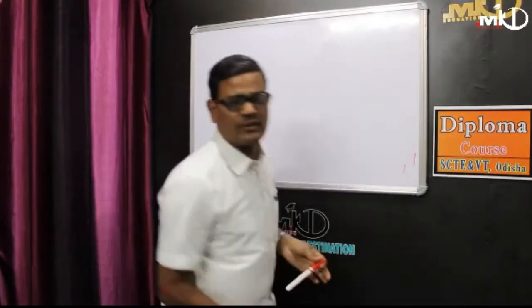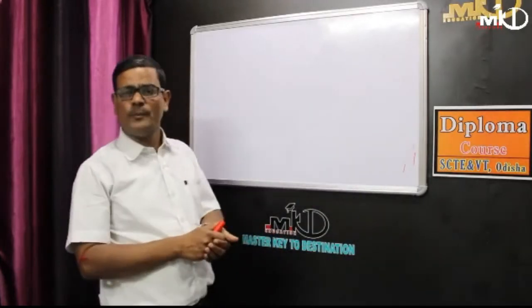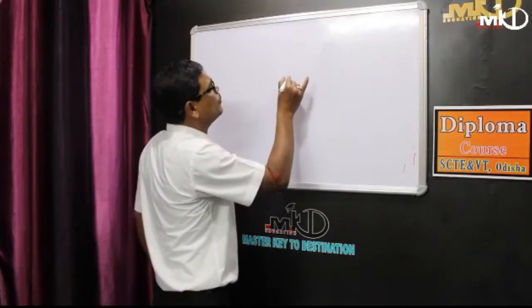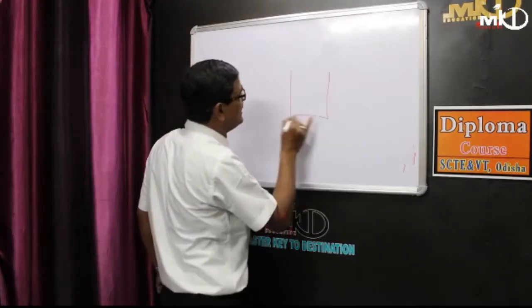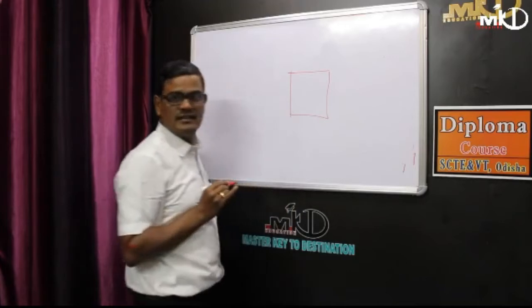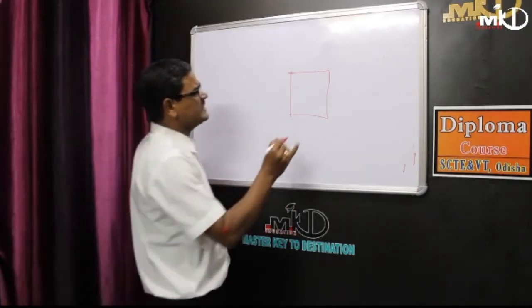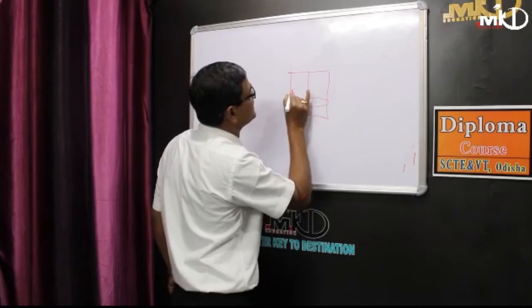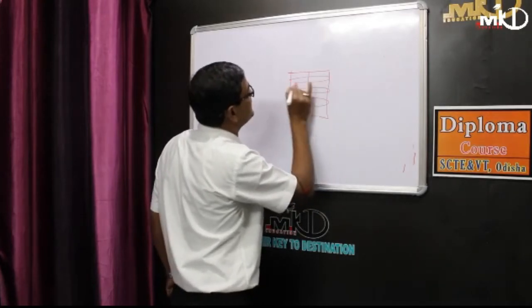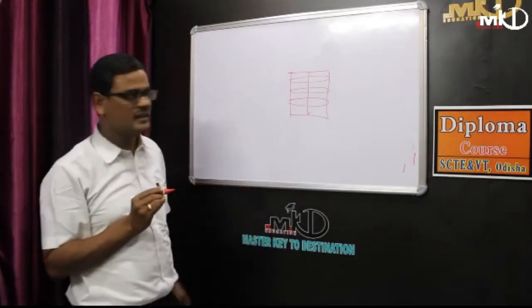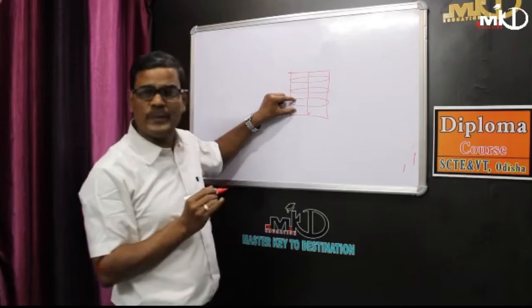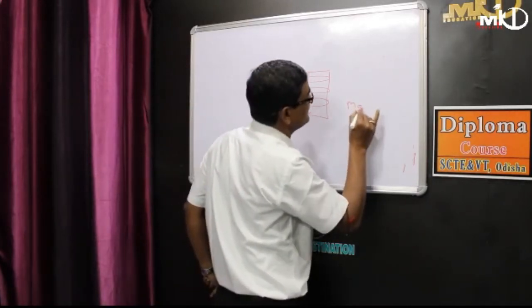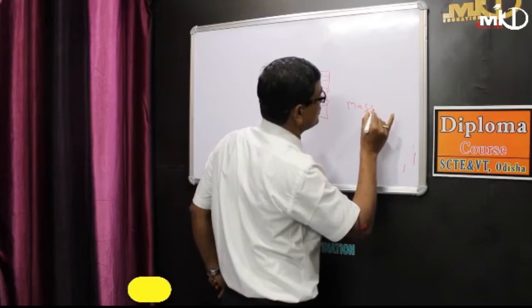So every computer has a hard disk. If you describe the structure of the hard disk, there are different cylinders, different plates, and the upper and lower plates are coated with a magnetic surface.